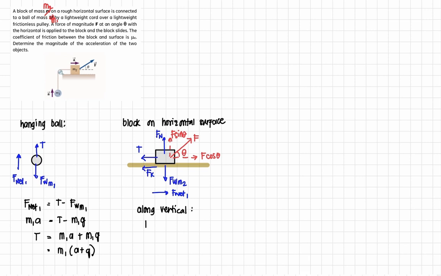The upward forces are the normal force and the vertical component of the applied force, F sine theta, and it's equal to the downward force, that's the weight of the second mass. So the normal force plus F sine theta is equal to the mass of block 2 times acceleration due to gravity. So Fn is equal to m2g minus F sine of theta.